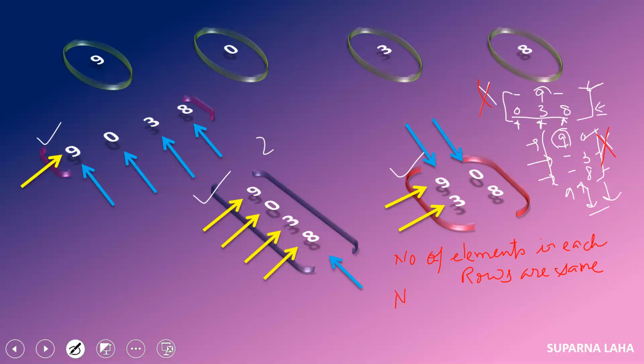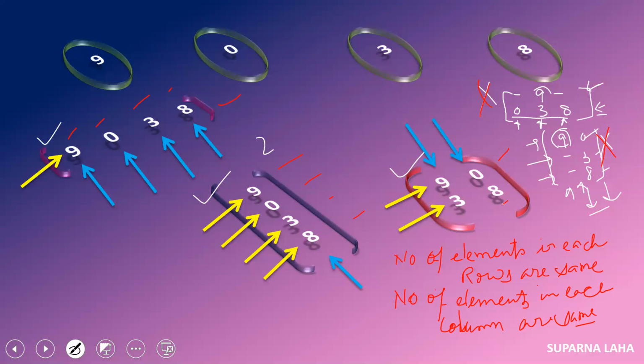And the same for the column: the number of elements in each column is the same. For every row, the same number of elements; for every column, the same number of elements. Look at this one: here every column consists of just 1 element, here every row consists of 1 element, and here each row consists of 2 elements and each column consists of 2 elements.